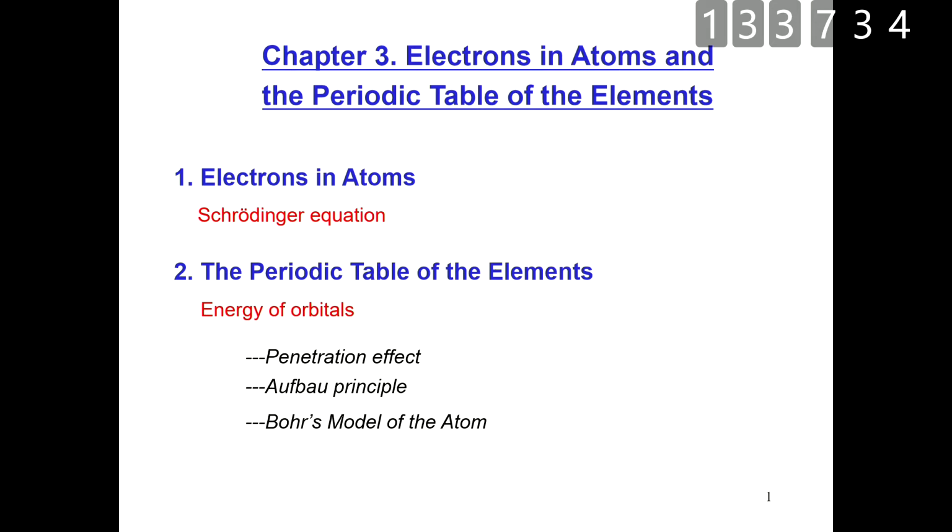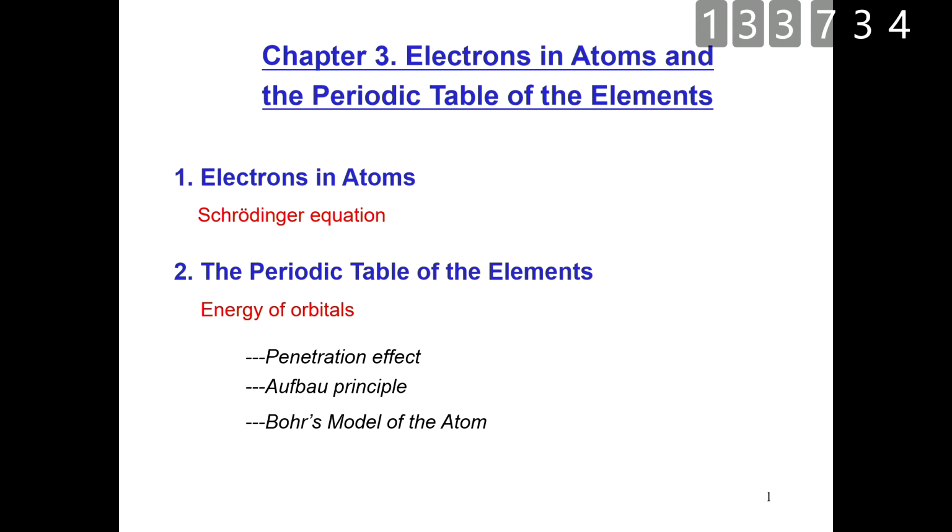So we also introduced the atomic theory, several models. We know basically the atom has electrons. So in this chapter, we will introduce the electrons in atoms and the periodic table of elements.